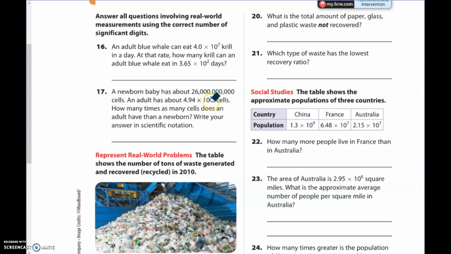So we are going to take the 4.94 times 10, those adult cells, and divide by that newborn baby cells. So the 26, 1, 2, 3, all the way. Okay, so there's a couple different ways you can do that, and we can just go right to our calculator.